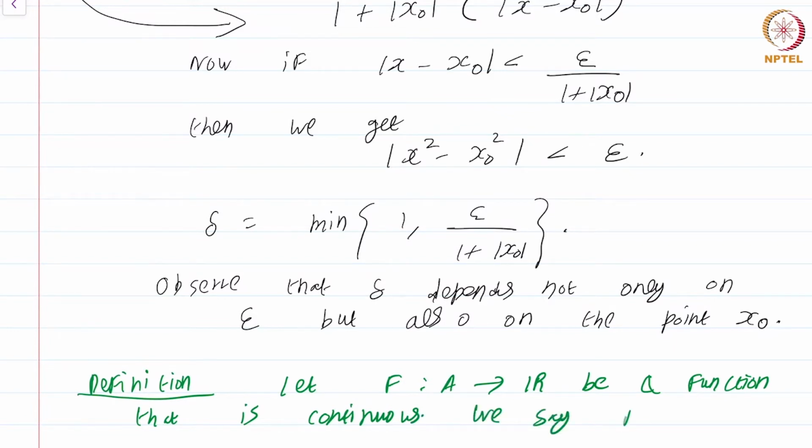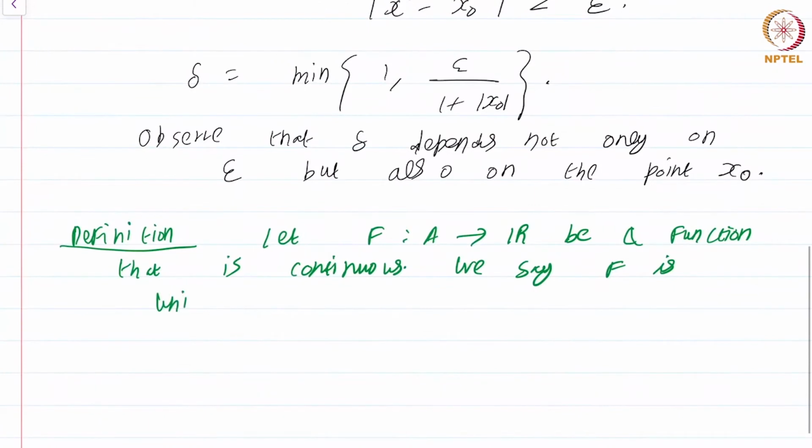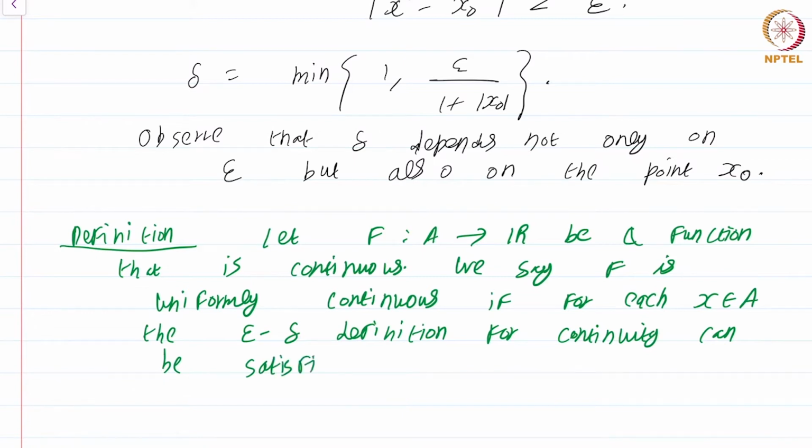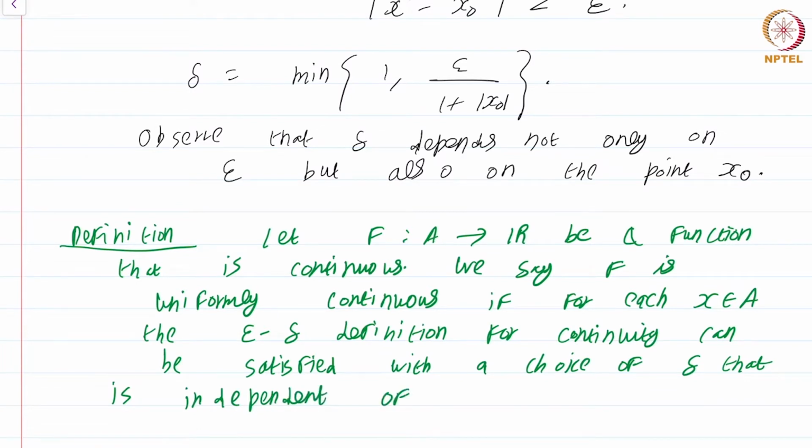We say f is uniformly continuous if for each x in A, the epsilon delta definition for continuity can be satisfied with the choice of delta that is independent of the choice of x.